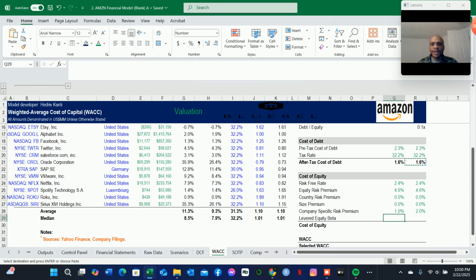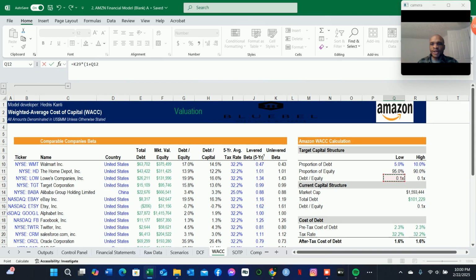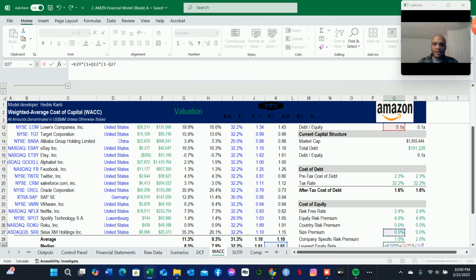So for the levered equity beta, it's going to be equal to the median unlevered beta for the comparable companies, multiplied by 1 plus the multiplier, in this case the debt to equity. Then we multiply that by 1 minus our tax rate, since it takes into account the effect of debt financing.